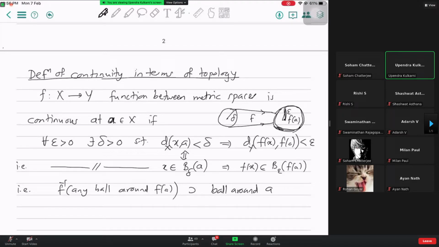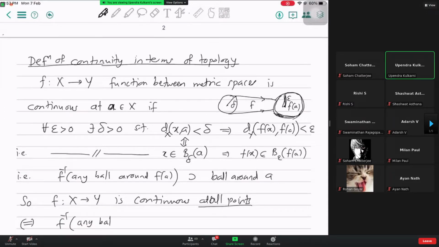So this is what we have formulated using open sets. Now when will it happen? f from X to Y is continuous at all points, just for emphasis, if and only if what happens? f inverse of any ball around f of A. Okay, so I'm going to write down something over here.